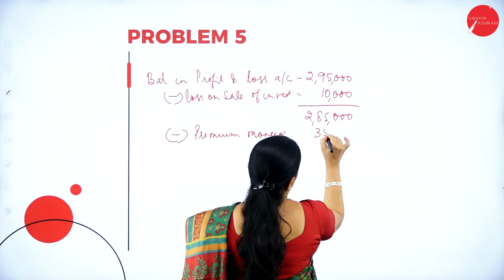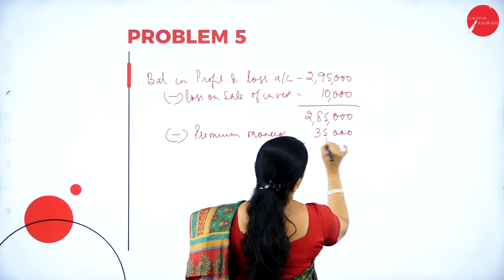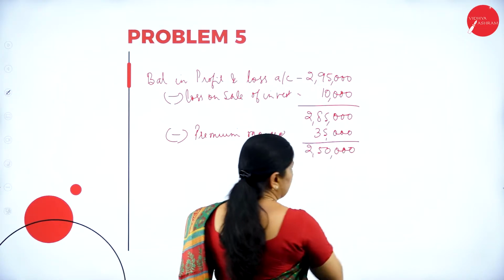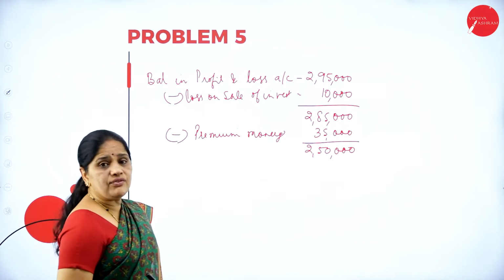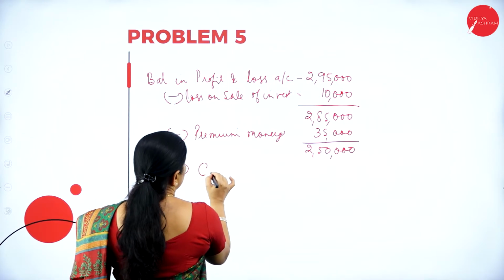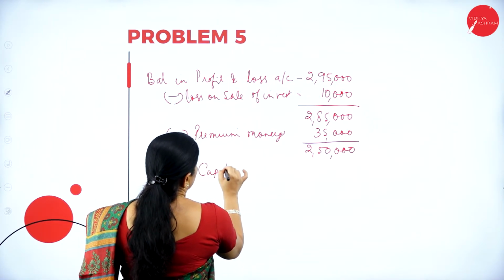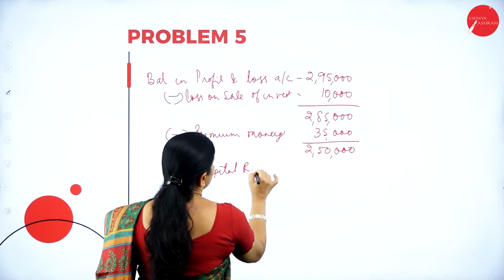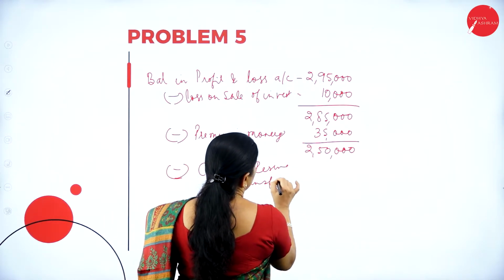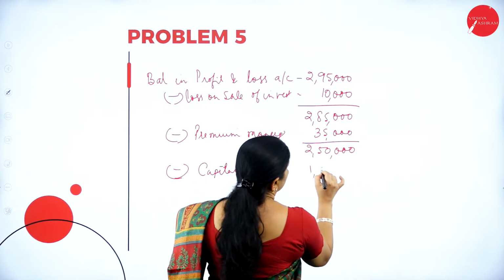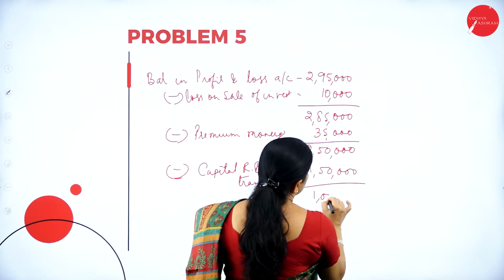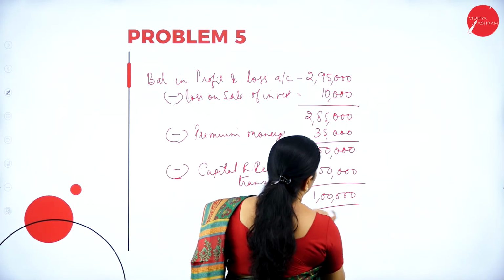So that I will reduce 35,000. So what will be the balance? 2,50,000. Now again from this 2,50,000 less transfer to capital redemption reserve. So we have transferred 1,50,000 from this. So what is the balance in P&L account? 1 lakh.